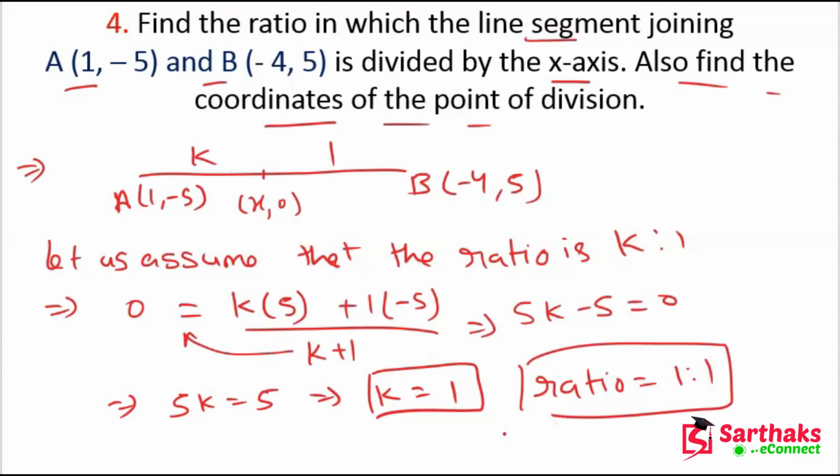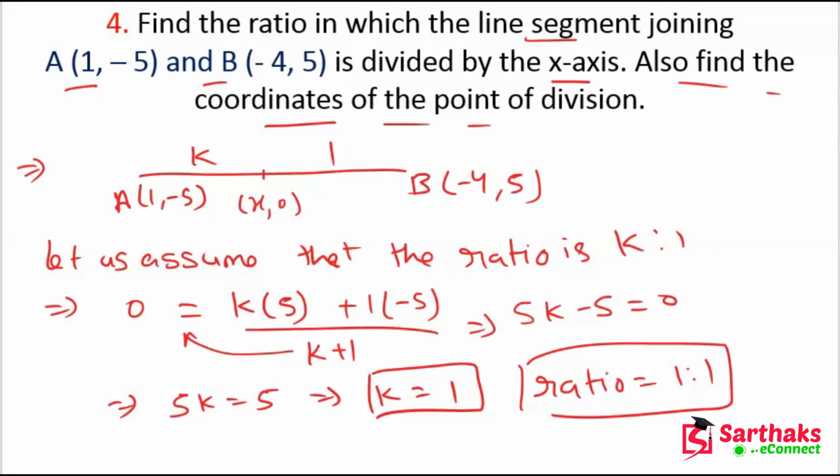Okay, understand? Yes. So now we have the ratios and we have to find the value of x. So how can we find it? Again by the section formula. So x equals, we have the value of k is 1 and here also 1.